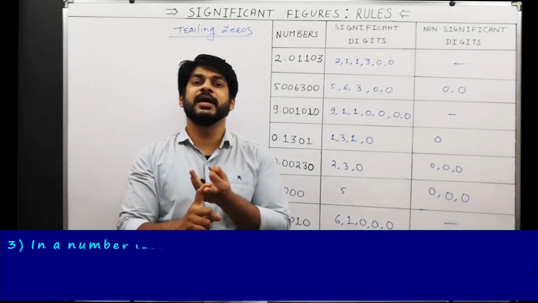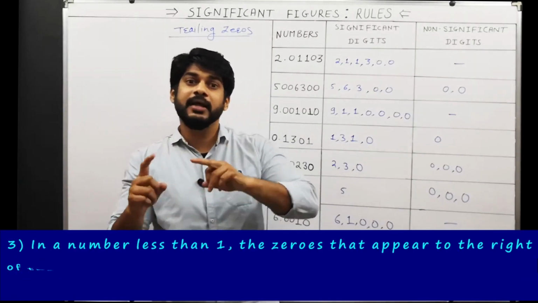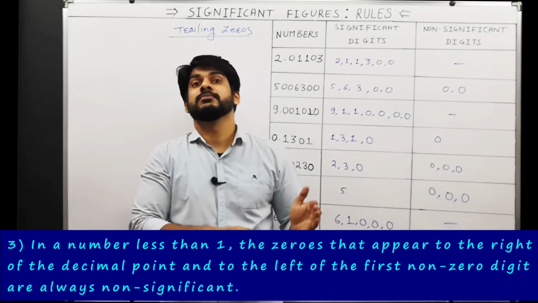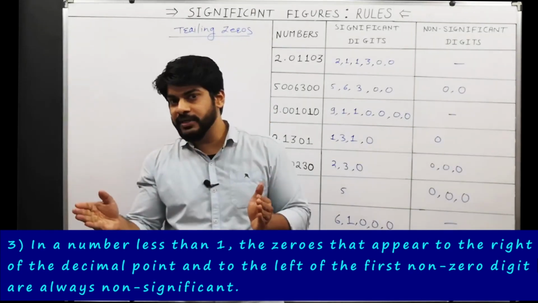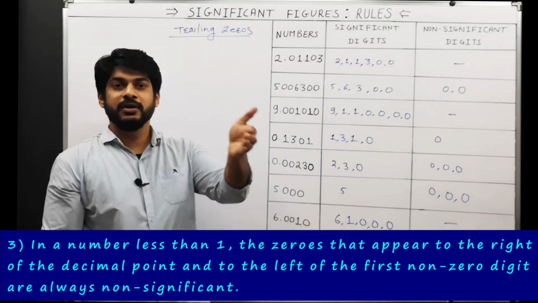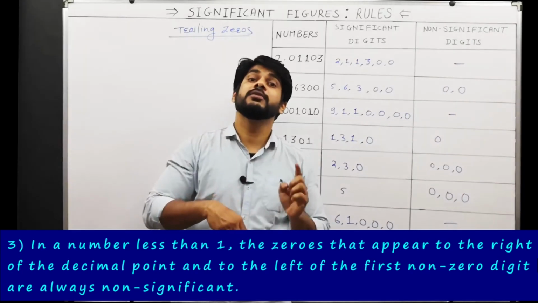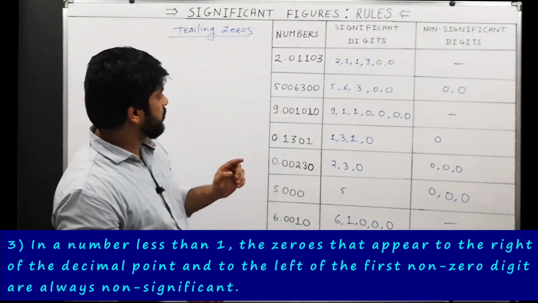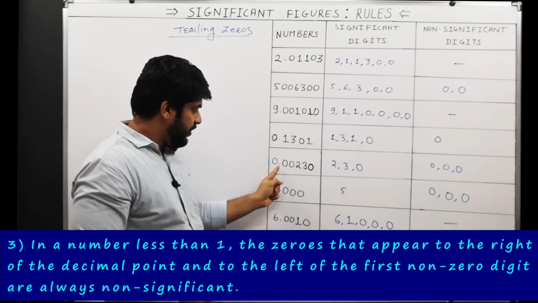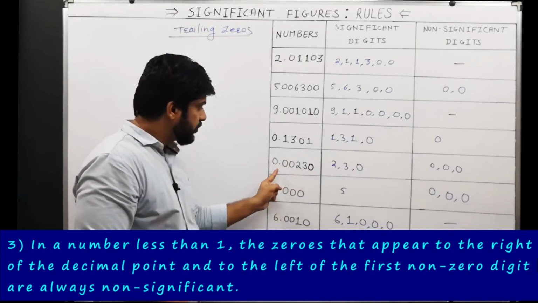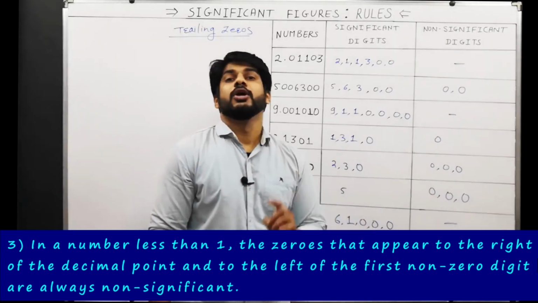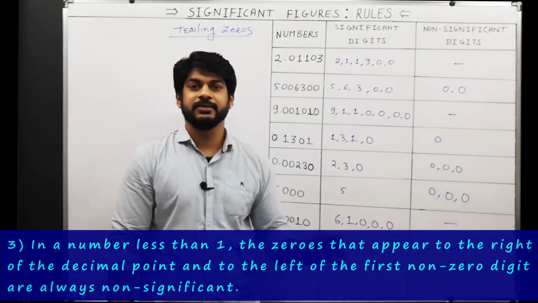The third rule says that in a number less than 1, the zeros that appear to the right of the decimal point but left of the first non-zero digit, these zeros, are not significant. So that is the rule.